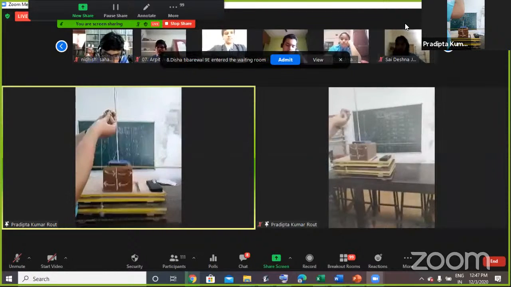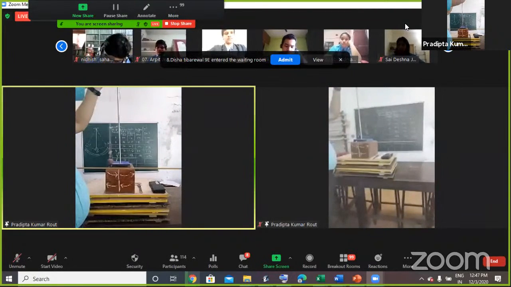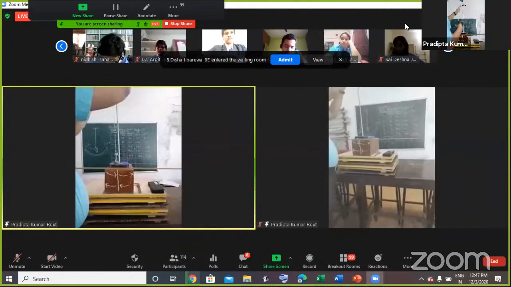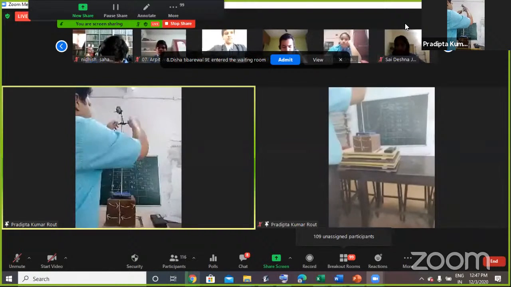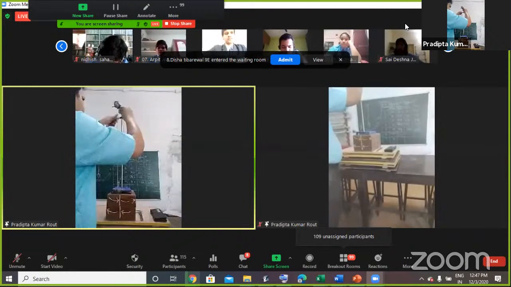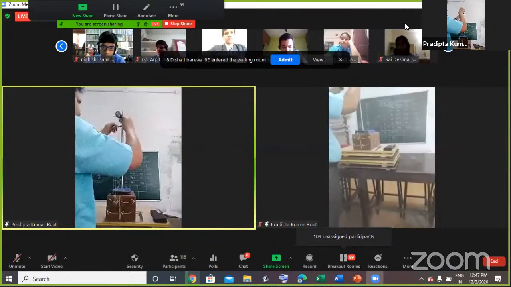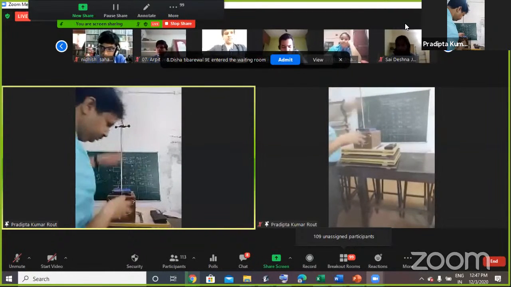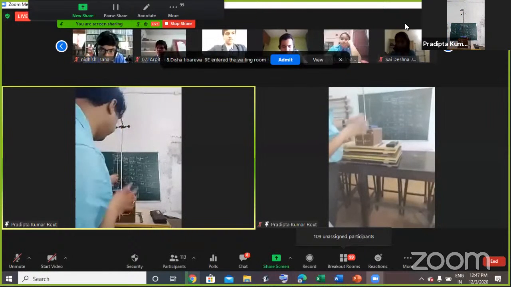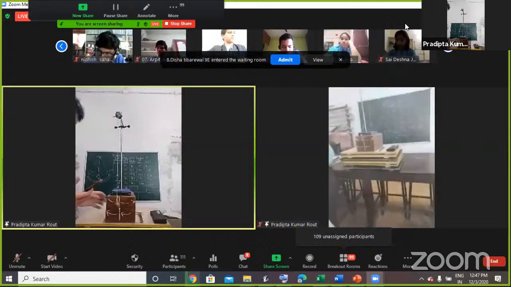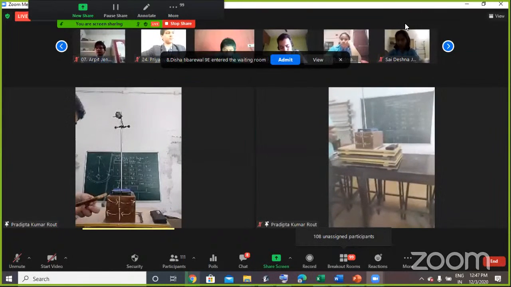So this total is now 50 centimeter length I have taken. Let me bring it down. Children, I have taken 50 centimeter length effectively. Let's start. Oscillations given. Now I am going to start.